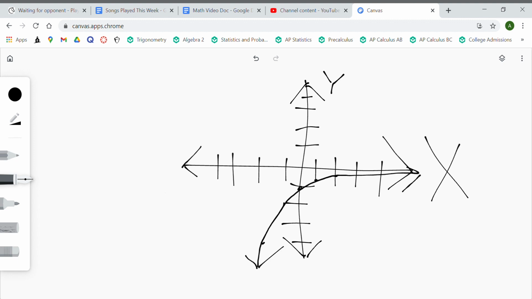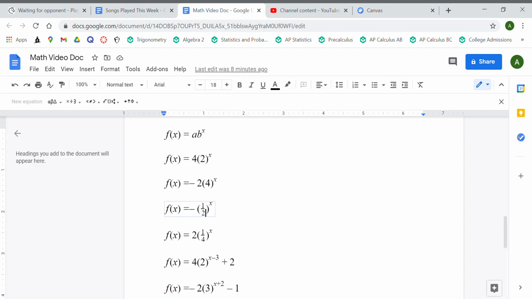So notice what we have in the difference here now. We've been working with bases that are greater than 1. Now we're dealing with proper fractions here. They're greater than 0, but they are less than 1. Look what happens to the graph.